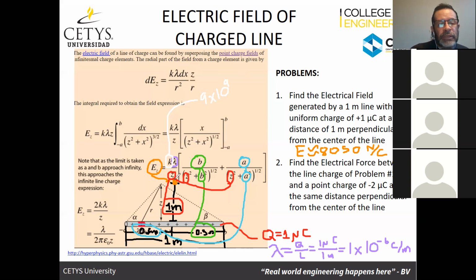And now let's assume this is the electrical field at this point, going this way. Now let's place a negative electrical charge at the same point, and the negative electrical charge is of 2 microcoulombs.